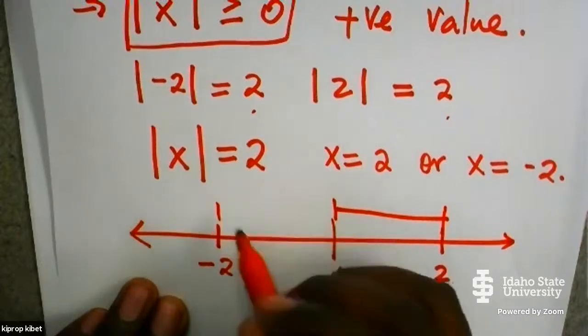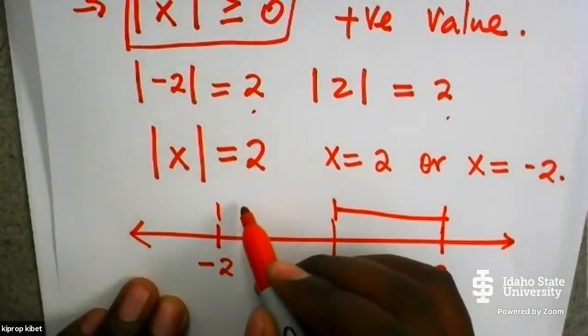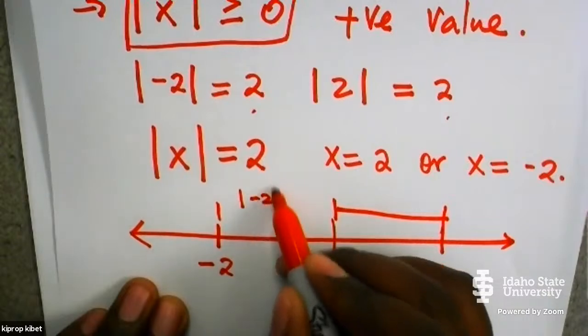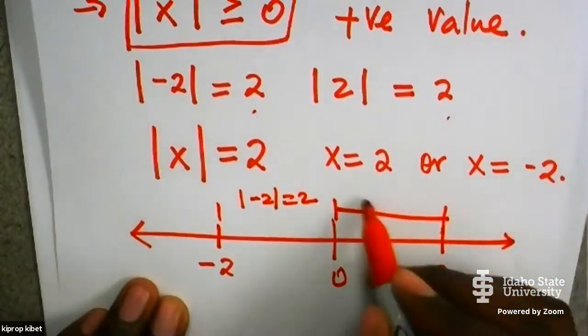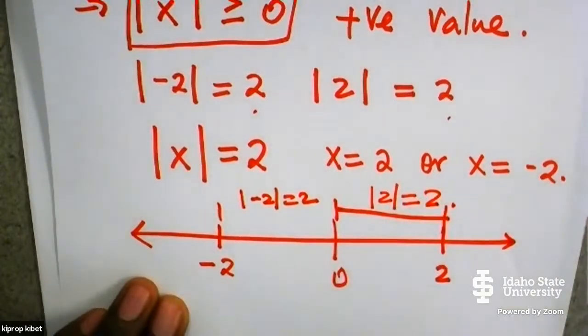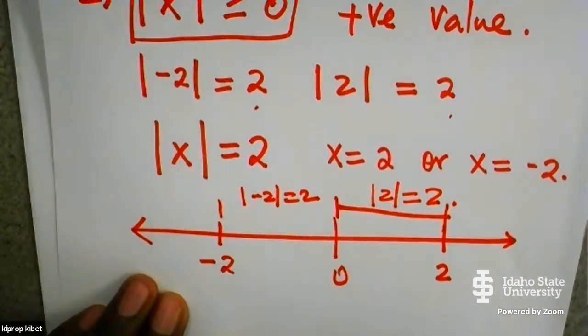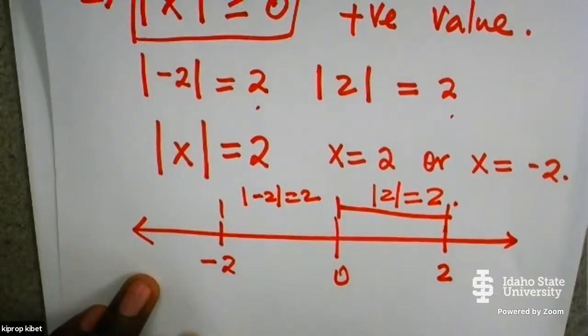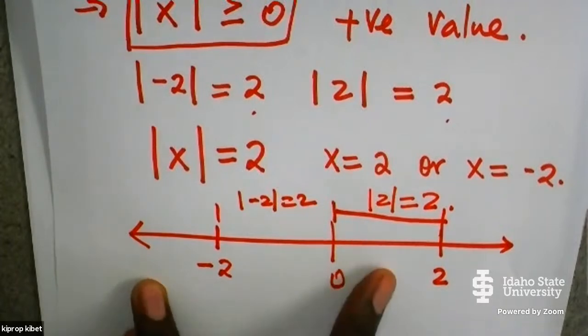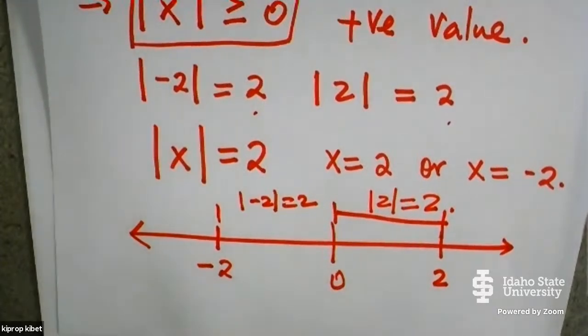The absolute value of -2 is equal to 2. The absolute value of 2 is equal to 2.